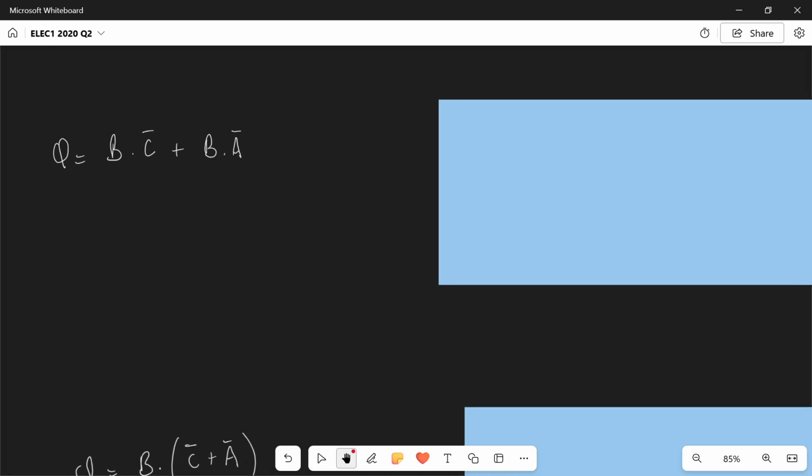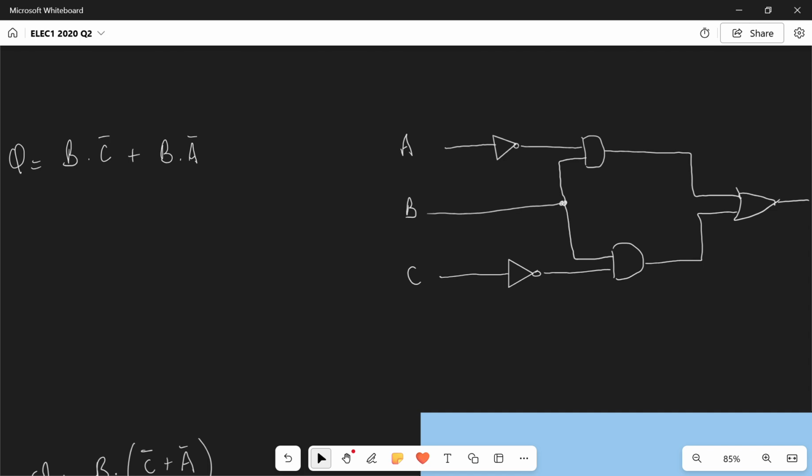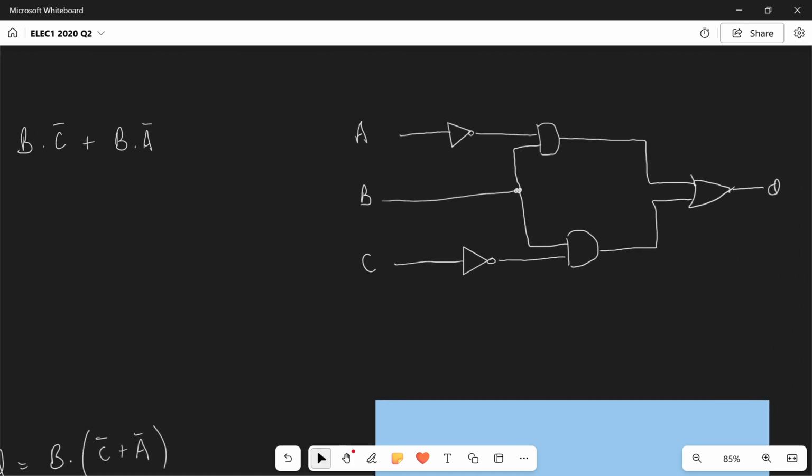So the top one is the one that the mark scheme would suggest you should at least be able to get to. So if you have B and not C, or B and not A, you should end up with this as your final circuit diagram, and that would be worth 3 marks.